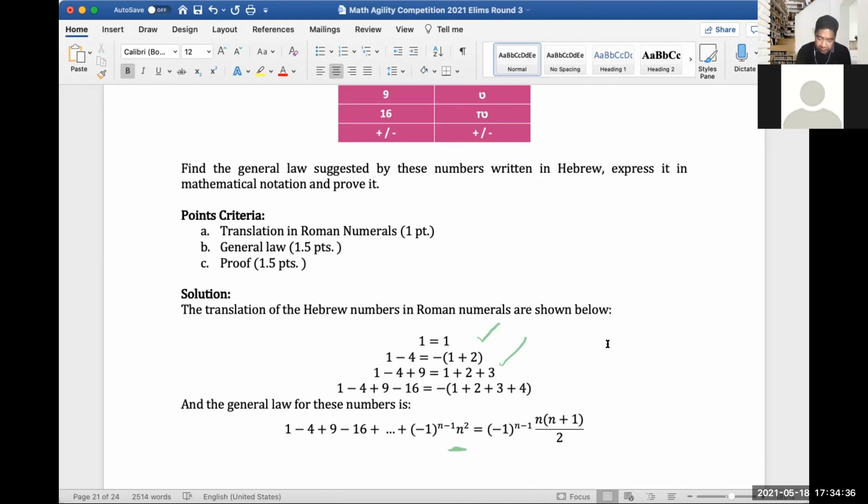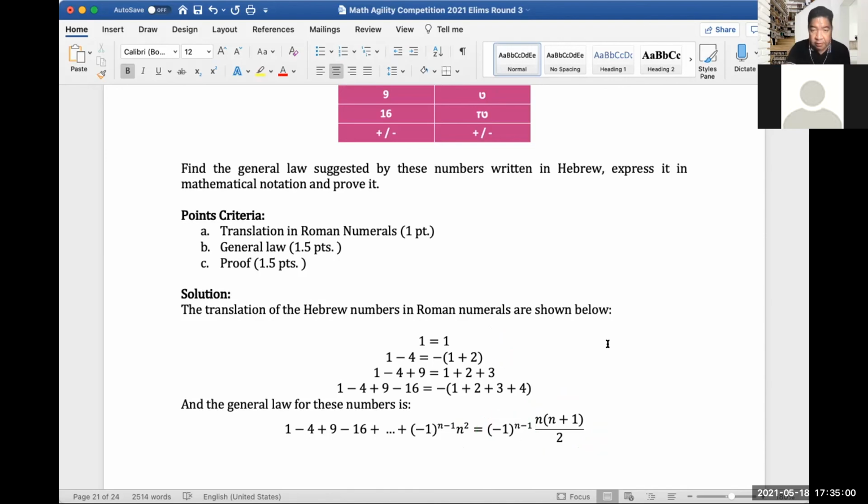That would be answered by this expression. And then if you try to get the value of 1 plus 2 plus 3 plus 4, the sum of that series, that would be equal to n, quantity n plus 1, over 2 here.